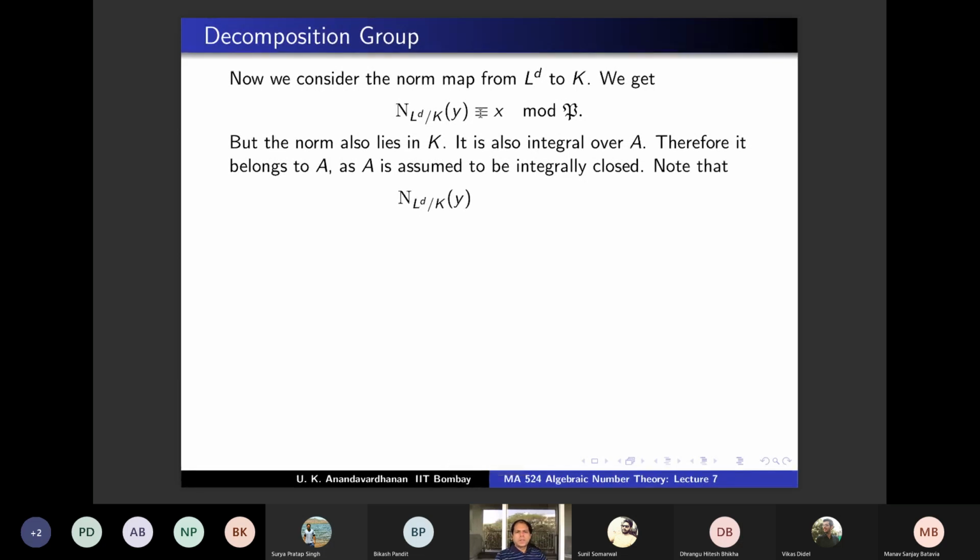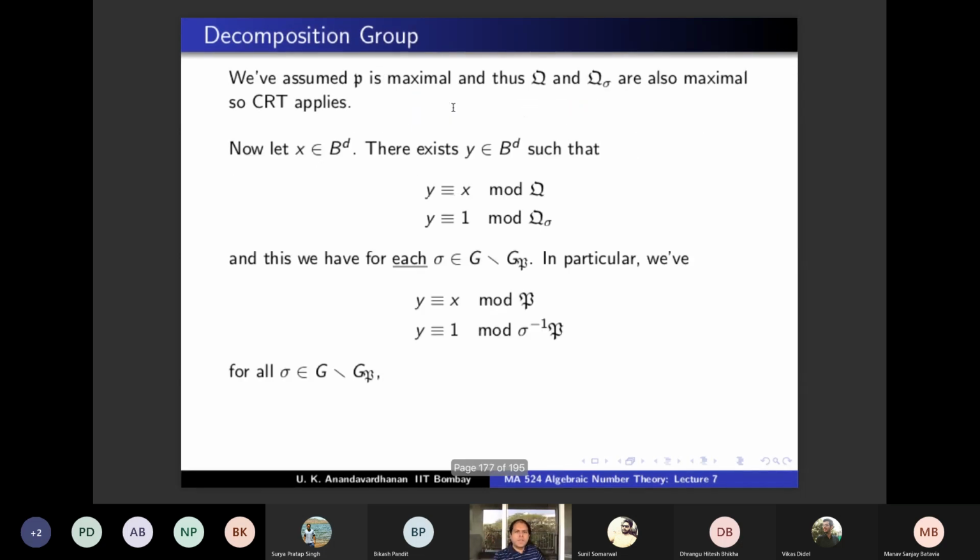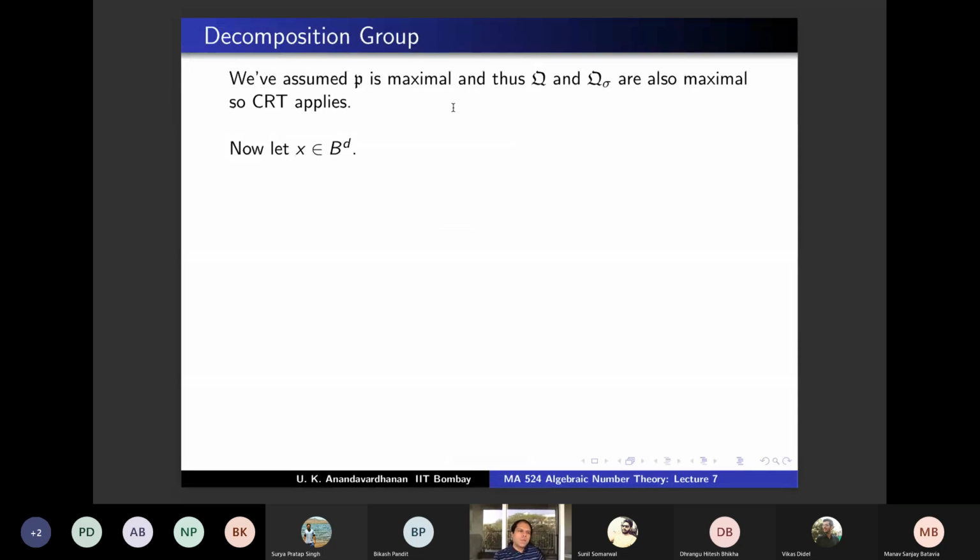Okay, so what did we conclude up to now? We have that norm y minus x belongs to P, but norm y belongs to A, and in particular it is in BD. I'm going to use only BD here. And x is from where? x is also from BD. We started with an x in BD. So both the left hand side and the right hand side are in BD, so the difference is in BD.